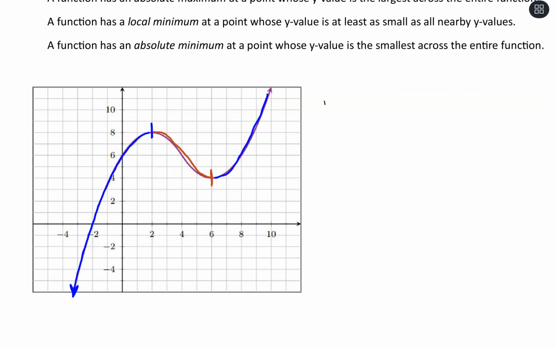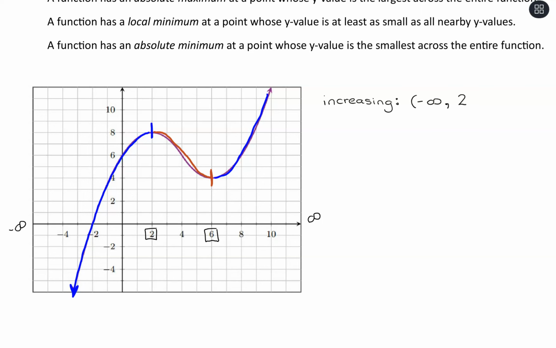If I wanted to describe intervals of increasing and decreasing, for increasing, I have the arrow there, so it's from negative infinity. Our function is increasing until I reach x equals 2. So I'm using the x values to describe my interval here. I'm using that 2, and another cutoff is going to be 6, and out here to the left is negative infinity, and to the right is positive infinity.